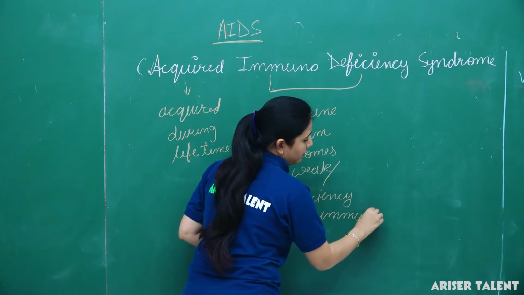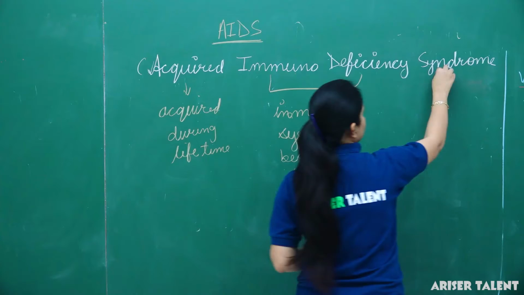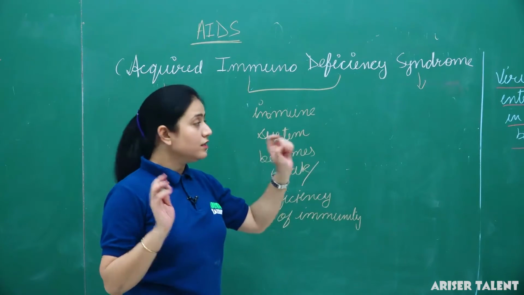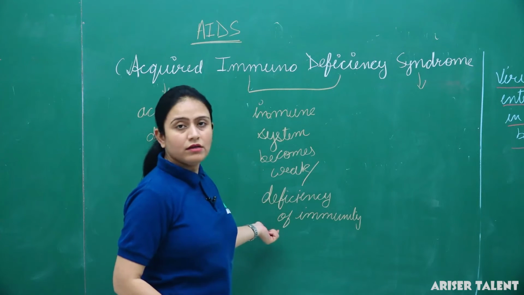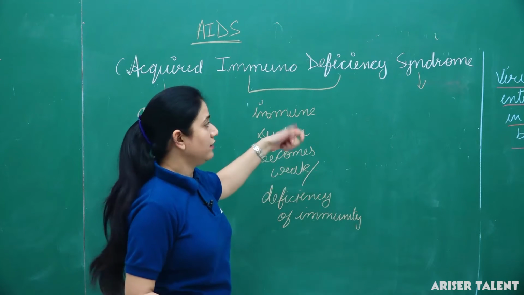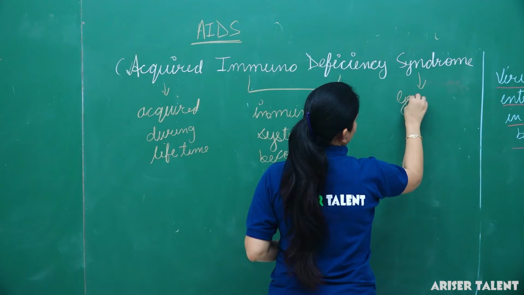Immunity means the ability to fight diseases, and syndrome means a group of symptoms. It does not have a single symptom, it has groups of symptoms, because immunity becomes less and then the person becomes weak.